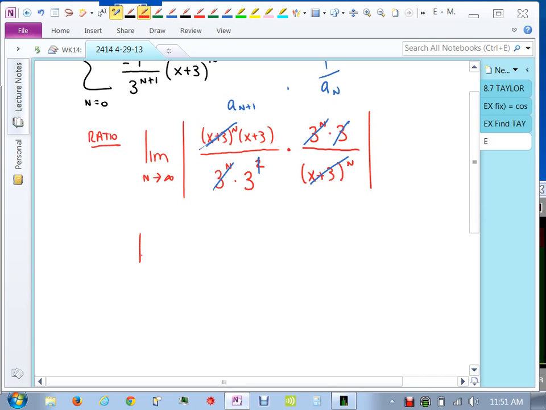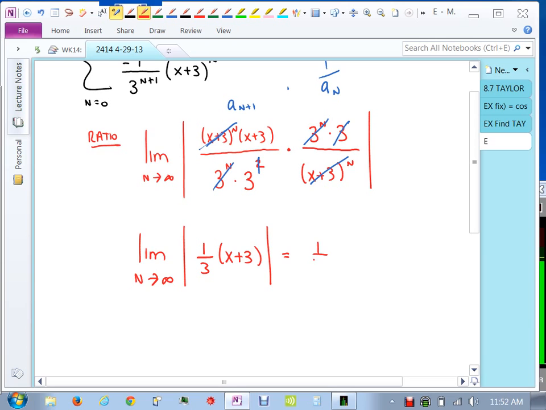So, pretty good. Limit as n goes to infinity, the only thing left in here is a 1/3 and an x plus 3, right? And I let n go to infinity, so there is no n. There is no n. So that's my answer.